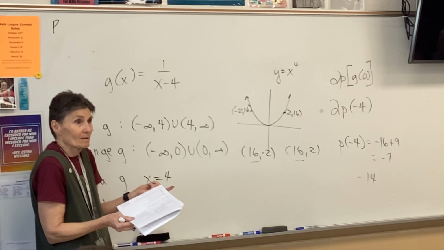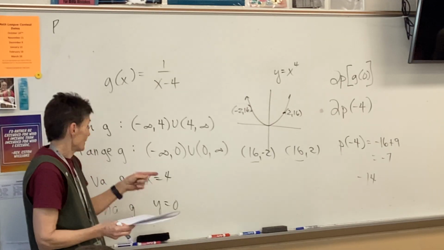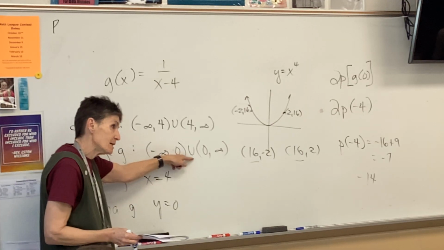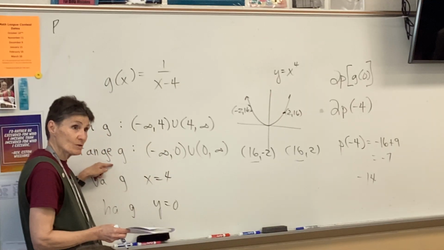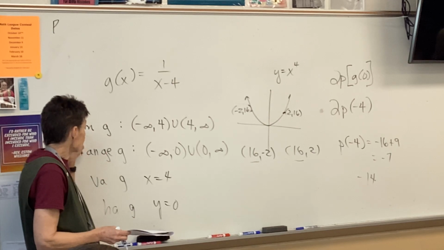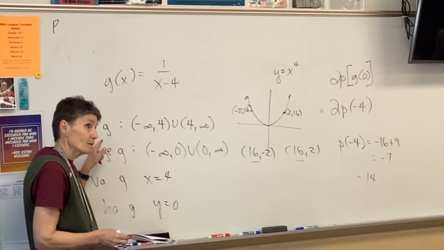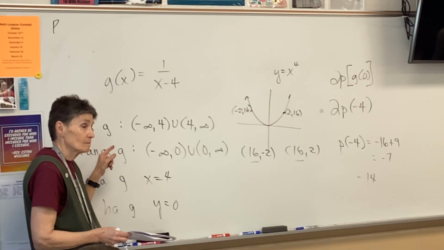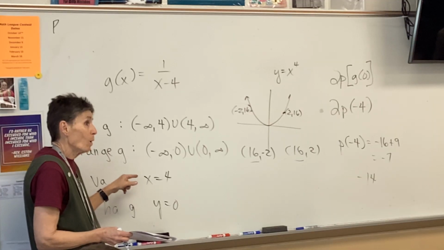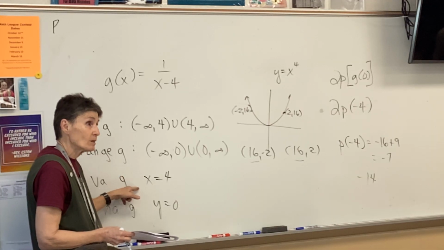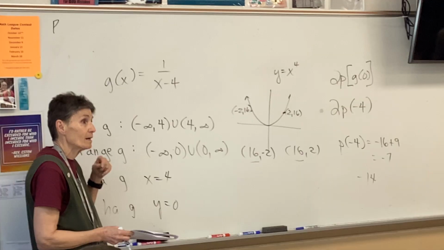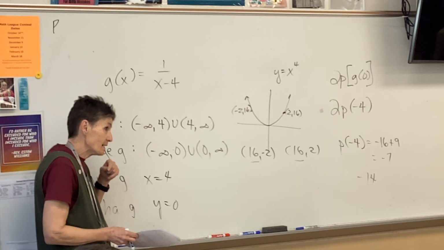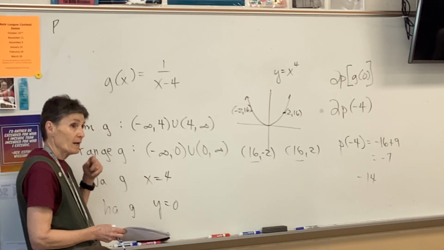Easy. What's going to happen? This is going to be the domain of the inverse. This is going to be the range of the inverse. What was a vertical asymptote will now become a horizontal asymptote, and vice versa.